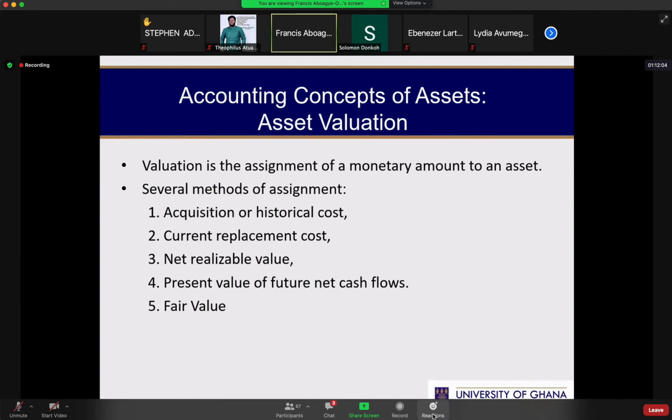So if the net realizable value is higher than the cost, ignore it and use the cost. But if the net realizable value is lower than the cost, then use the net realizable value.